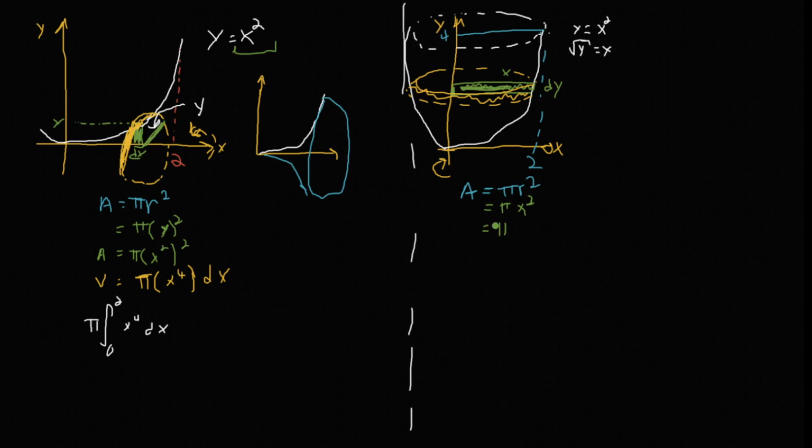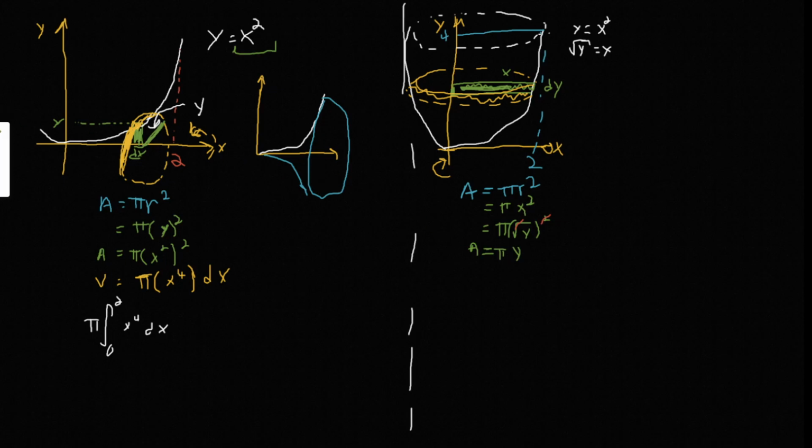So pi times the square root of y, squared. Well, that's kind of useful because the square and square root cancel. They undo each other. They are inverse operations, as the cool kids say. So this new area is pi times y.